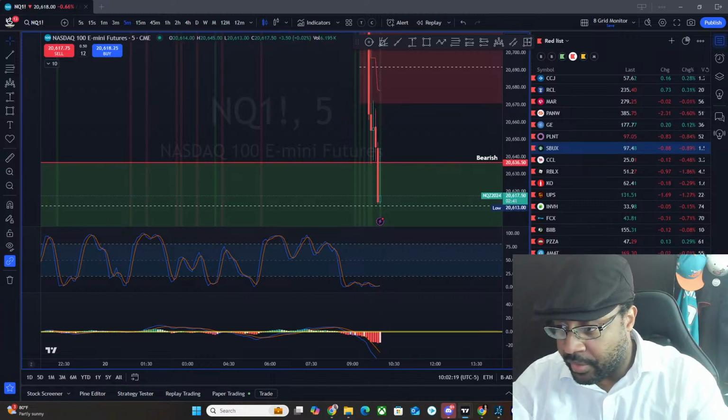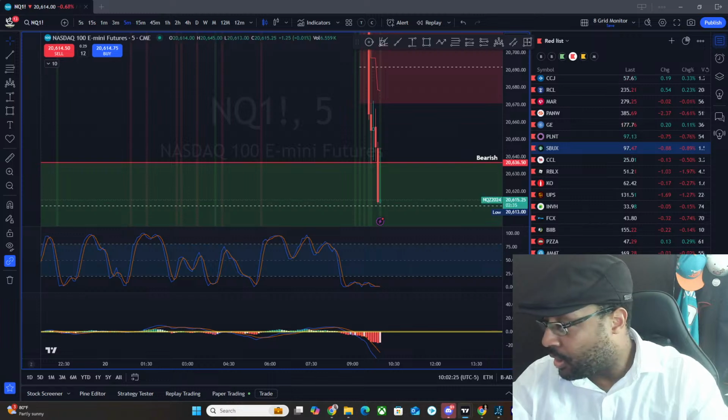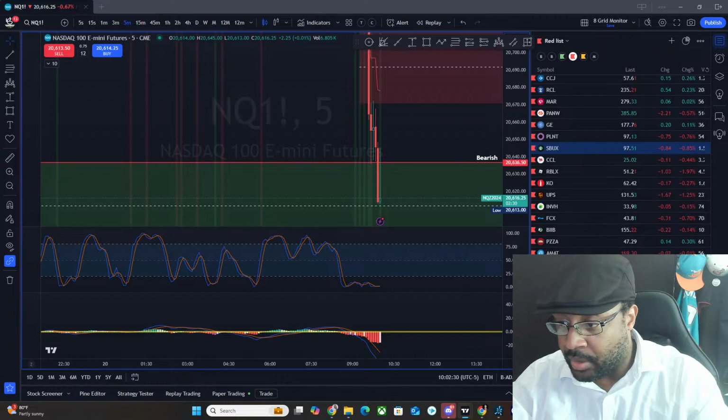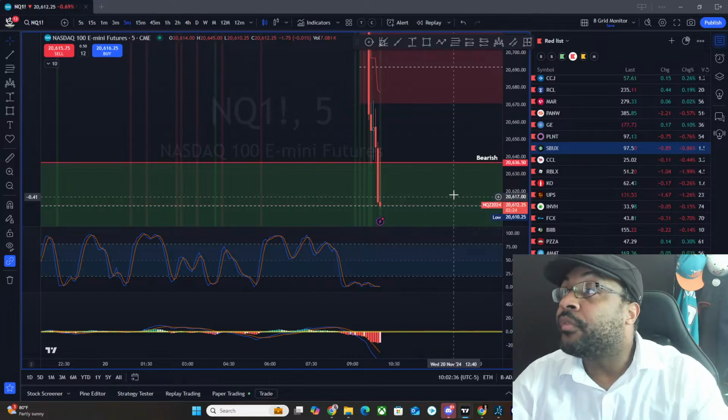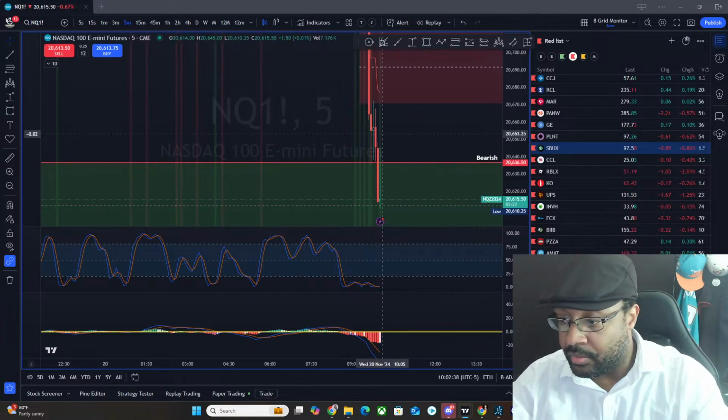All right, so this is the area we just bounced off of. Good pullback. This could be a good entry, possibly here. That's the 50% mark. Let's see if we can break through.